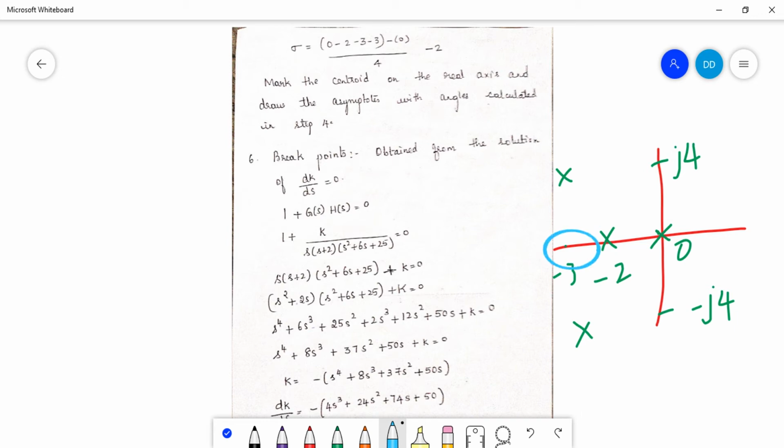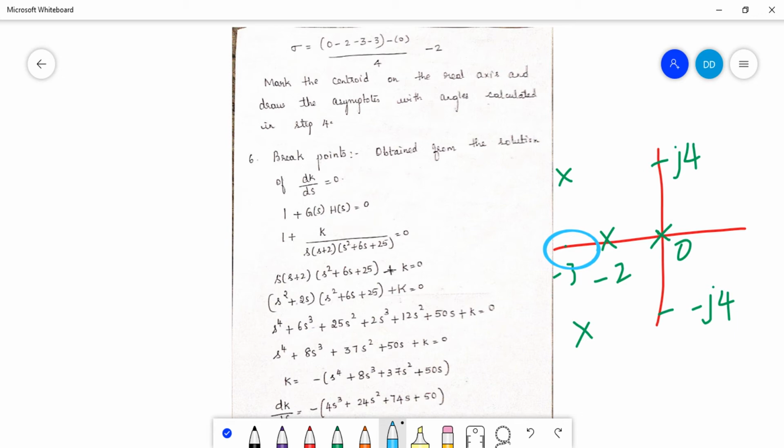We need not concentrate on this section because we have the complex conjugate pairs here, so it does not affect the existence of the root locus on the real axis. Now we are finding which part of the real axis is a part of the root locus. We only need to concentrate on the real axis.